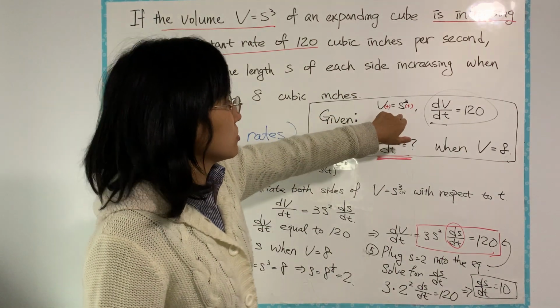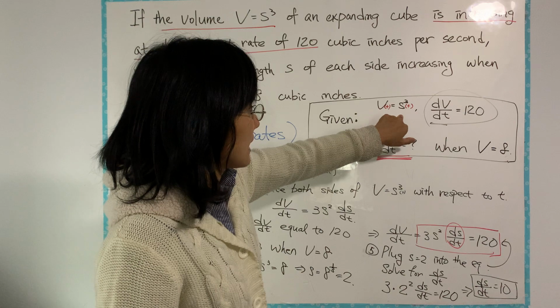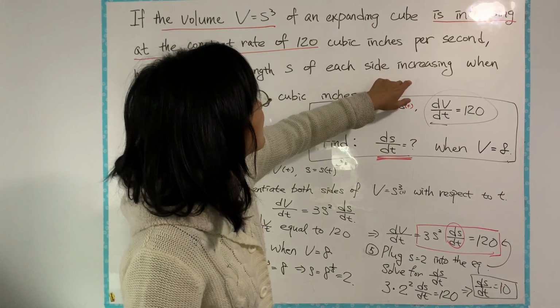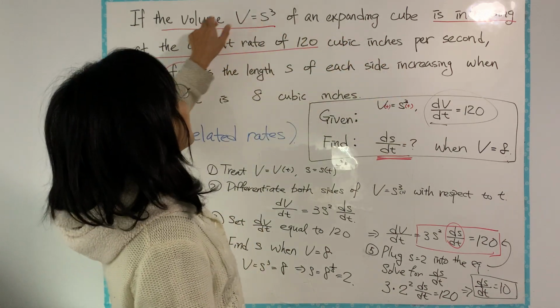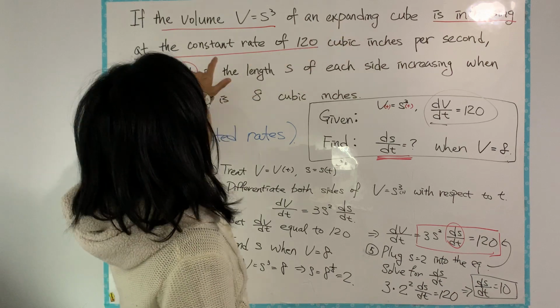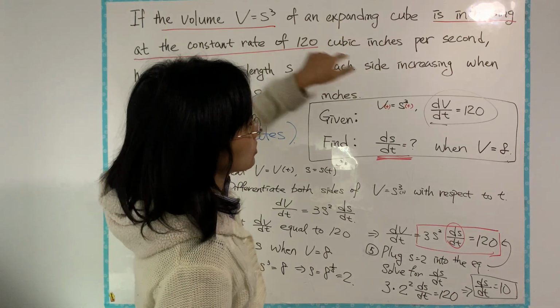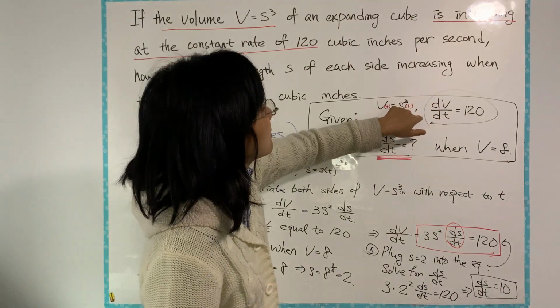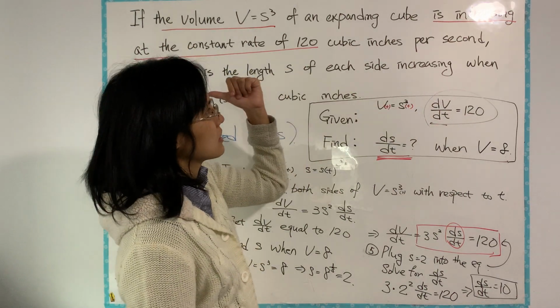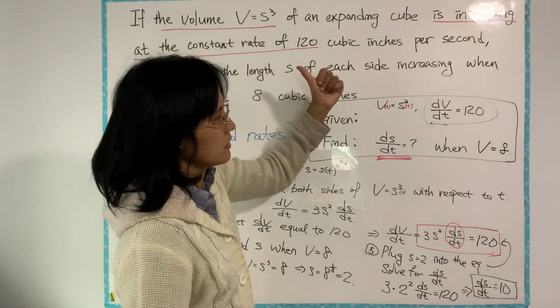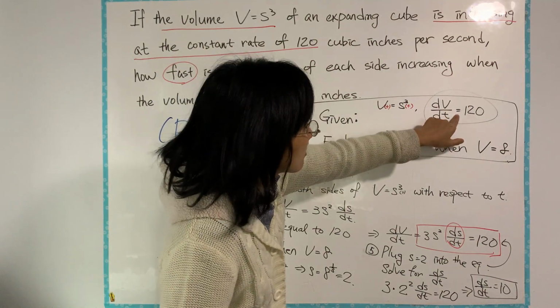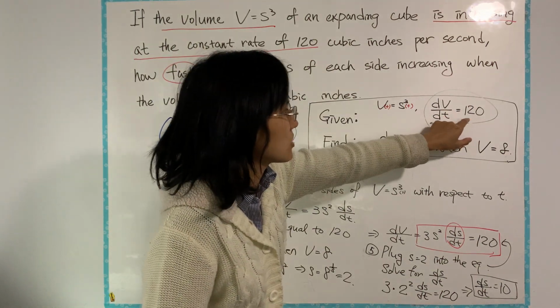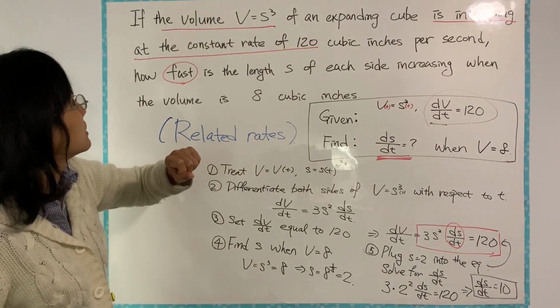Volume is equal to the length of the side to the power 3. The volume is expanding at the rate of 120. So dV/dt means the rate of change of the volume, and it says the rate of change is equal to 120. That's why I have this equation here.